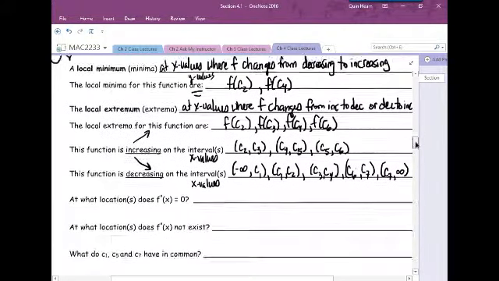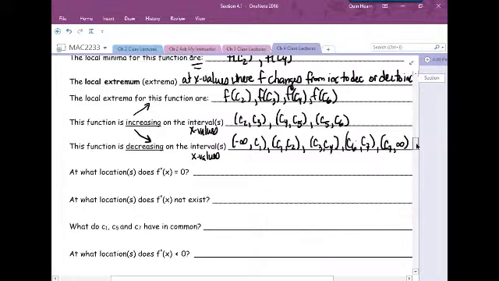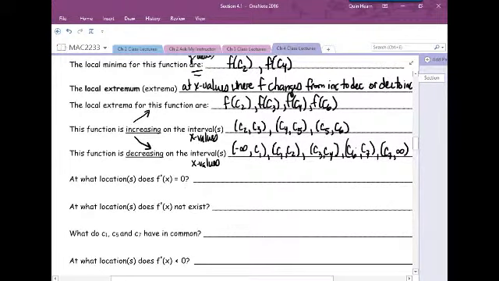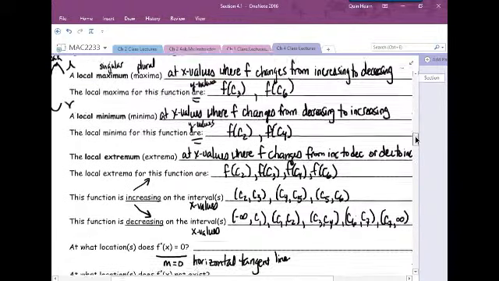Okay. Next question. At what locations does f prime of x equal 0? Where is the slope equal to 0? That's the same as asking where do we have a horizontal tangent line. All right, so let's look back at our graph.